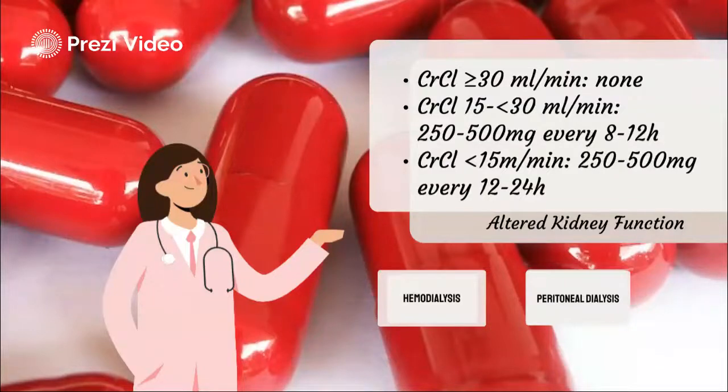If patients have altered kidney function with a creatinine clearance of more than 30 milliliters per minute, there's no dosage adjustment necessary, but if it falls between 15 to 30, the dose would be between 250 to 500 milligrams every 8 to 12 hours. And if it falls below 15 milliliters per minute, it's going to be dosed at 250 to 500 milligrams every 12 to 24 hours.